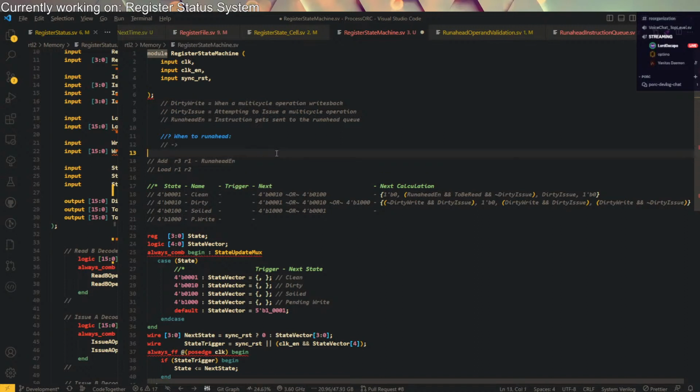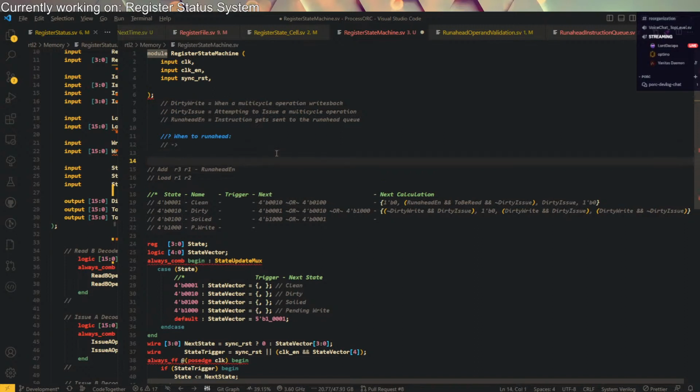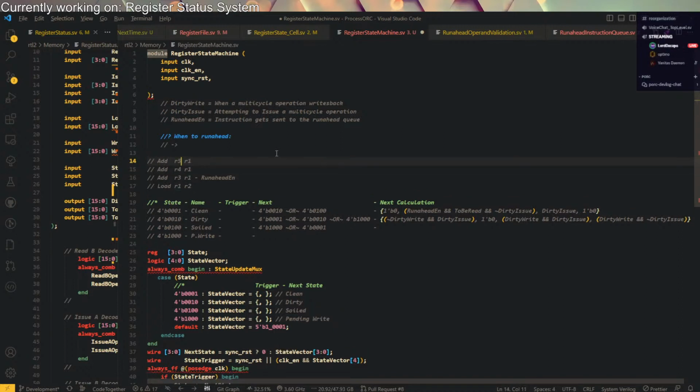So then, since that gets pushed to the run ahead queue, my question is, if you do an add R4 R1, something like this, what happens to these instructions? They have to wait. They have to be pushed to the run ahead queue.